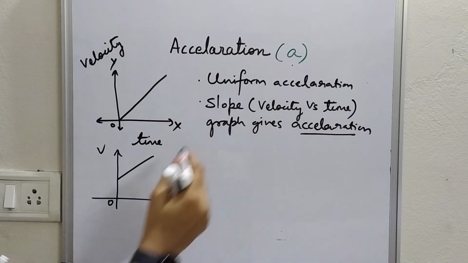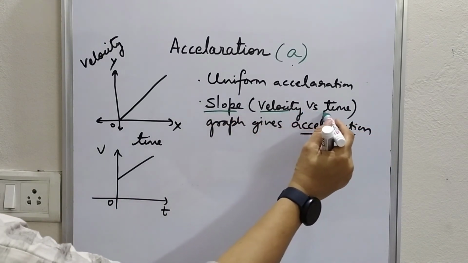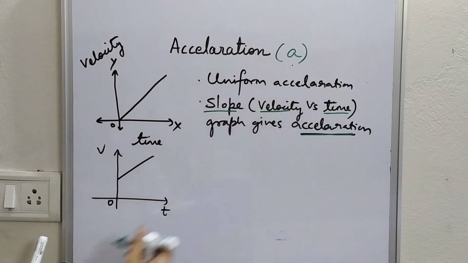So when we find the slope of a velocity versus time graph, we get acceleration.